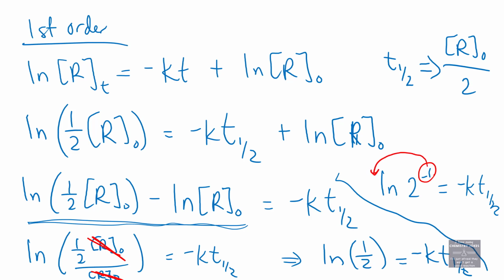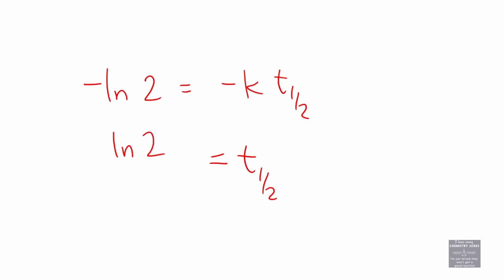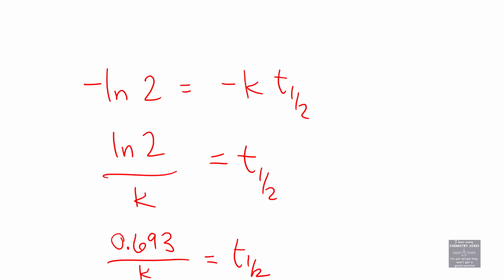So we get negative ln of 2 equals negative kt 1/2. One final solving, and we get t 1/2 equals ln of 2 over k. If you plug in ln of 2, it is 0.693 over k. So you might see the half-life equation for a first-order reaction written either of these ways.